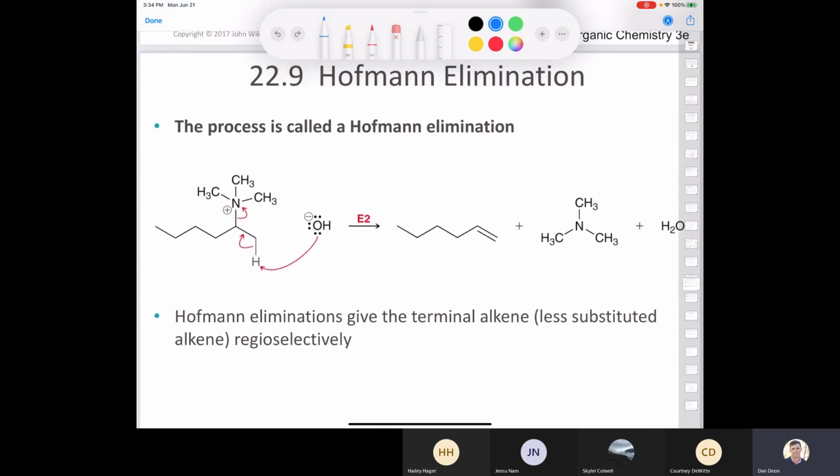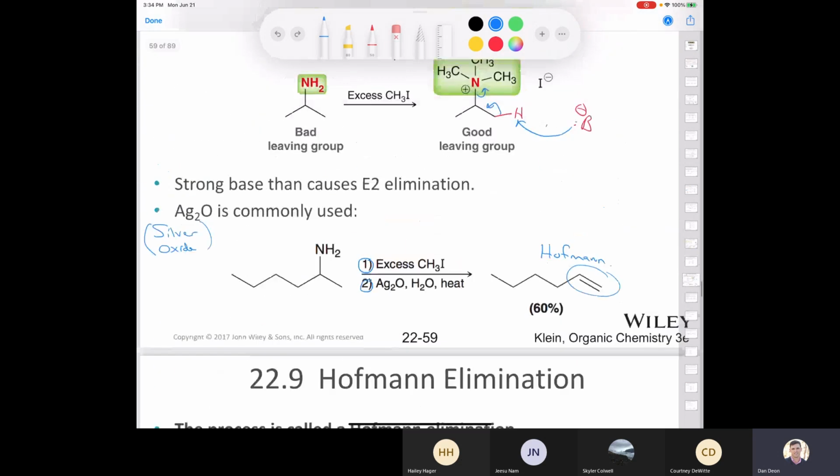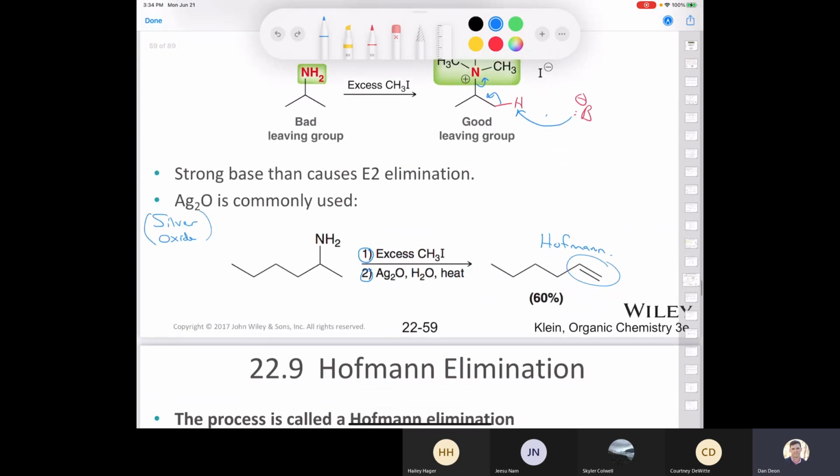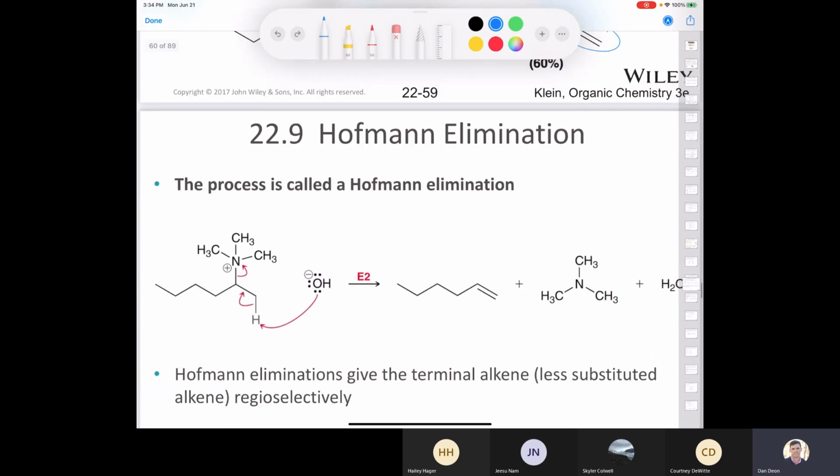Now, the purpose behind the silver oxide in water is to convert the alkyl iodide salt. So I don't have it drawn here, but it's basically to take this compound, which I should have given myself a little bit more room, but you've got your 3 methyl groups on here like this, and then you'd have the iodide after the first step.